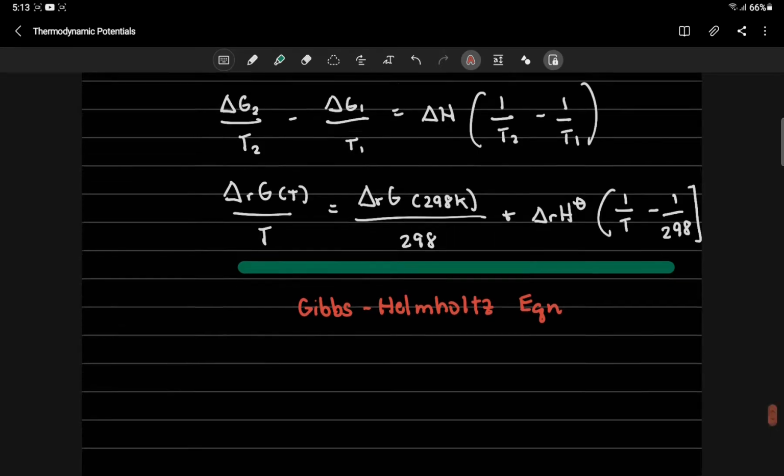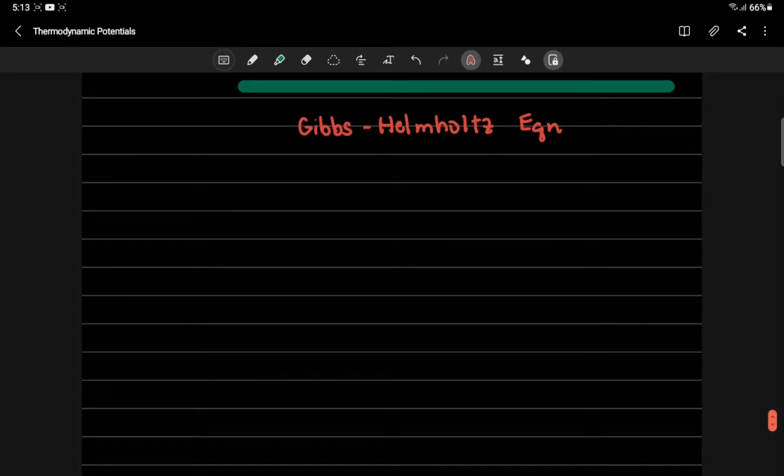So for example, let's have the following reaction. So we have albumin, which is the protein found in egg. Now it's found in liquid state, for example. Tapos yung transformation na gagawin natin is albumin in the solid state. And this is what happens when you cook your egg, no?